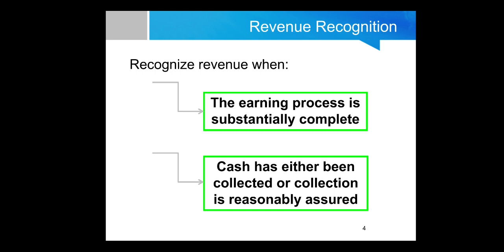So that is what the revenue recognition principle says. If you look at the detail, you record or recognize revenue when there are two criteria. First, the earning process is substantially complete. The second criterion is that cash has either been collected or collection is reasonably assured.